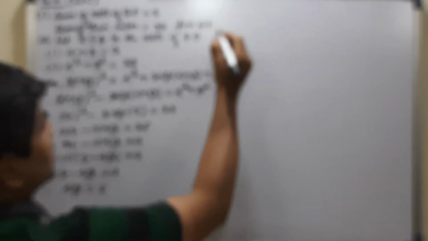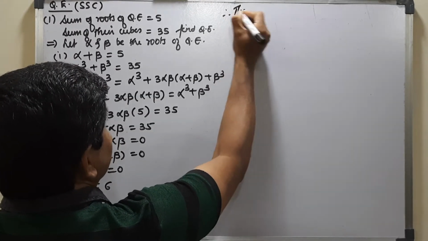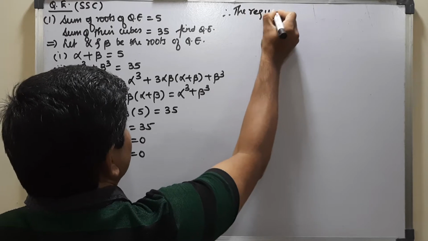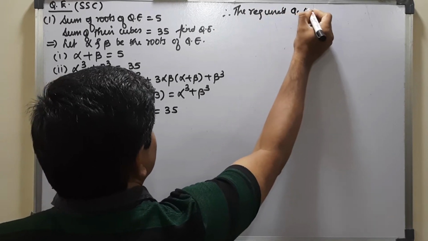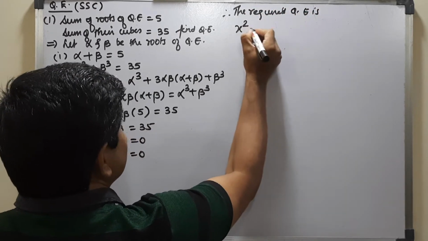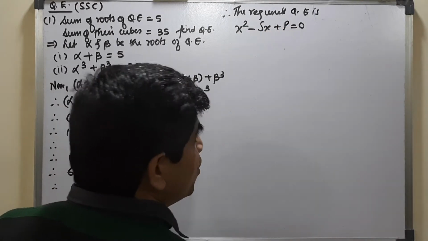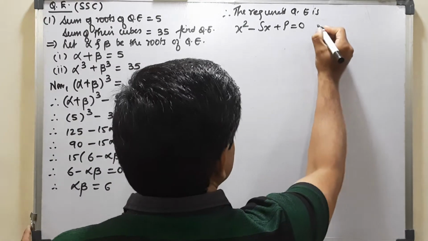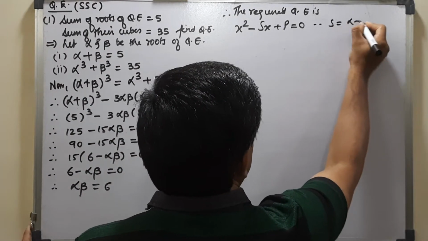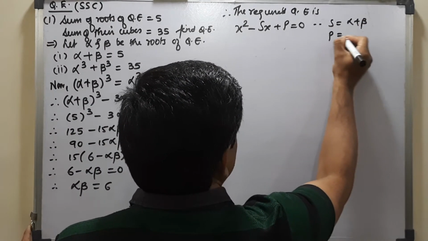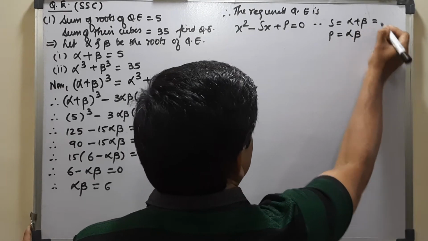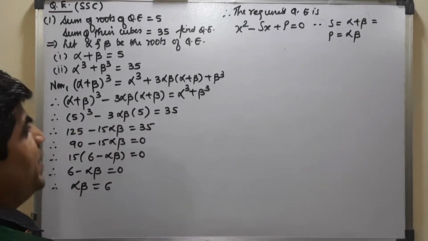Therefore the required quadratic equation is x square minus sx plus p is equal to 0. What is s that you have to write? S is alpha plus beta and product is alpha beta.